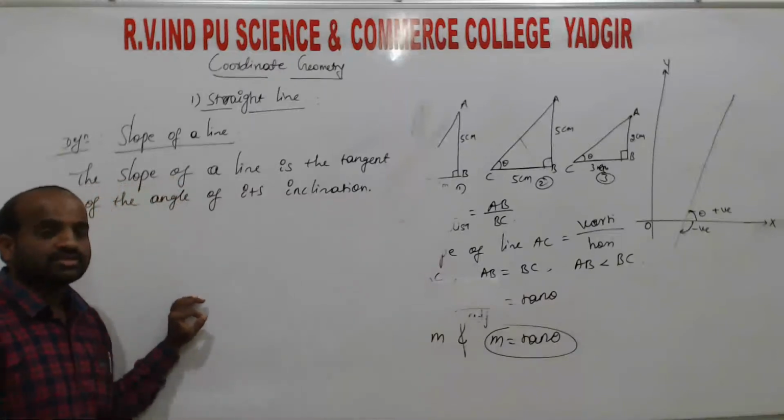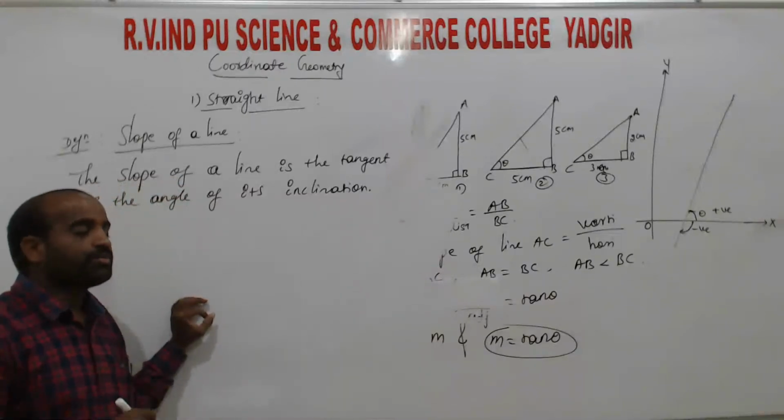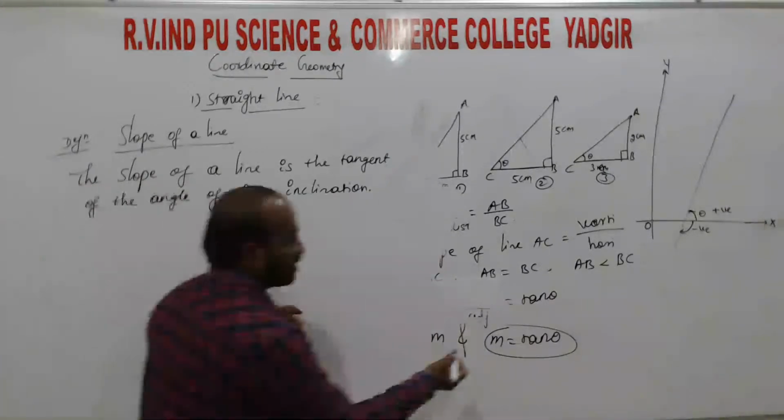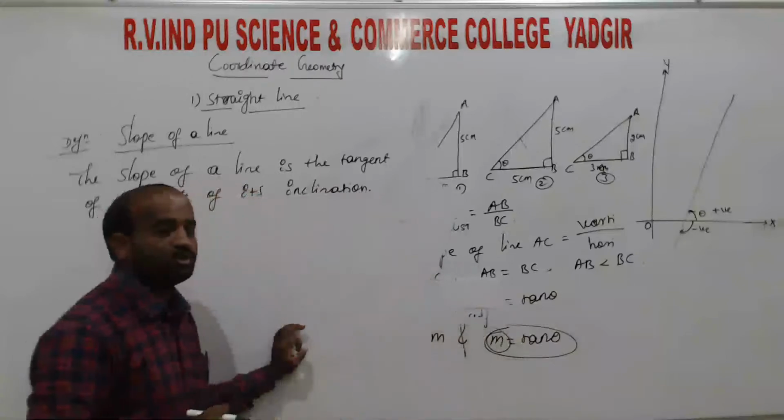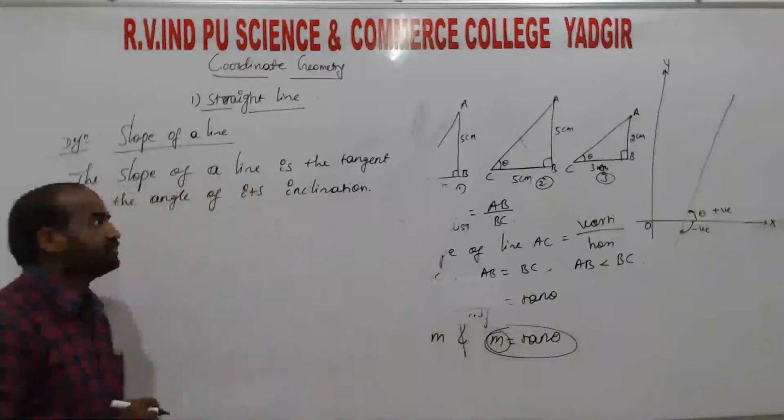This is known as the slope of a line. The slope of a line is denoted by small m and defined by m is equal to tan theta.